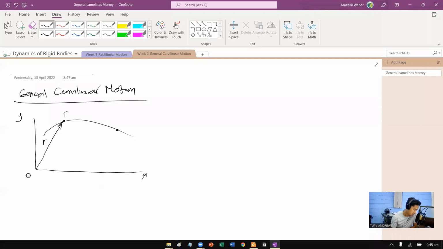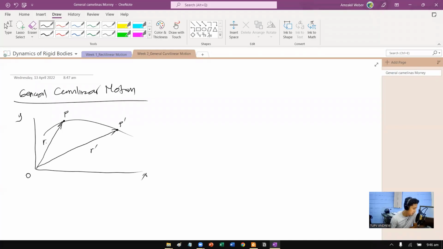Let's call this point P, and this point P prime, that's the new position of our particle P. And so this position is r prime. So this is the final position, r prime. r is the initial position.